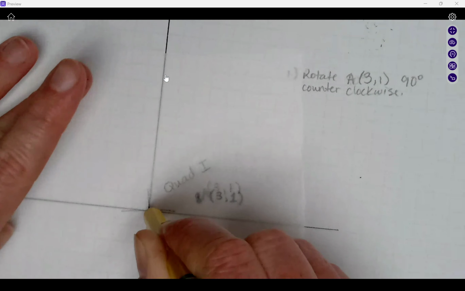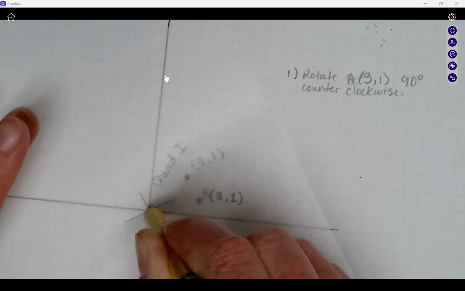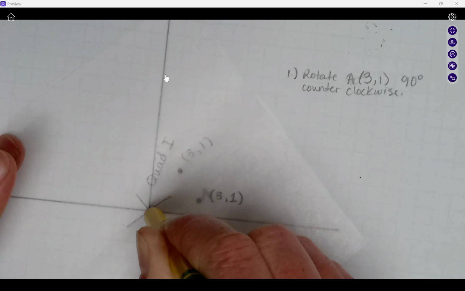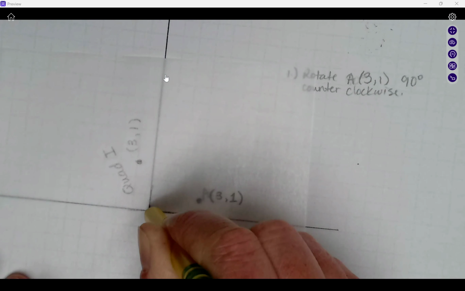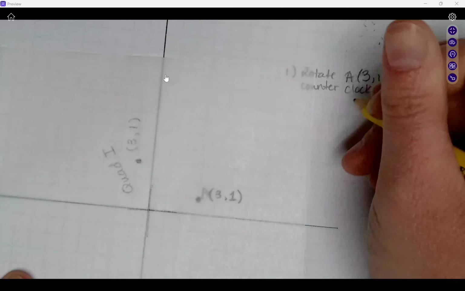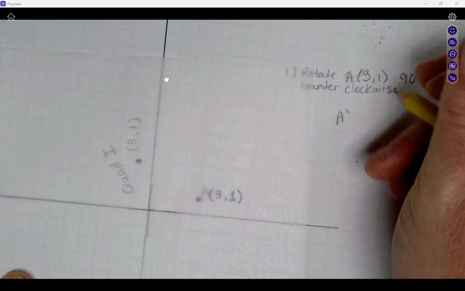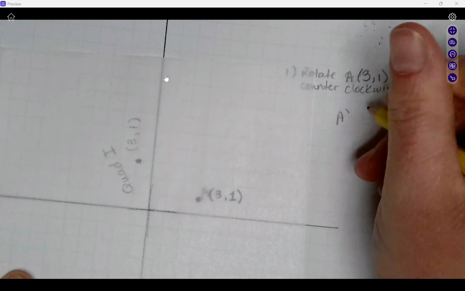So let's go ahead and rotate this. About 45 degrees. Let's keep going, and boom. There's 90 degrees. So I can see that A prime would be located at -1, 3.